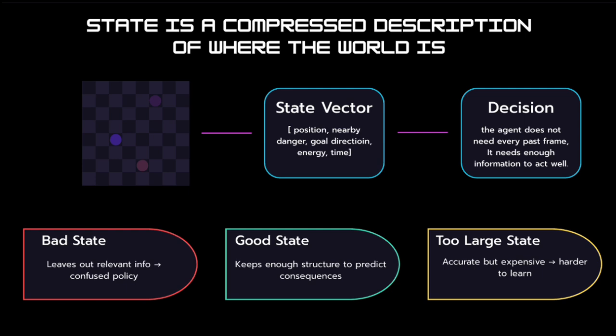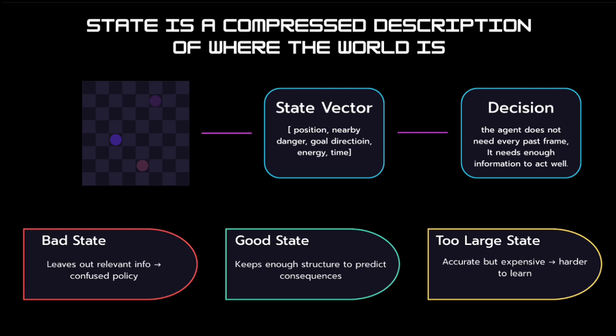If a game agent only sees the current scene but not previous scenes, it may not know velocity. If a medical decision system only sees today's measurement and not the trend, it may miss important context.